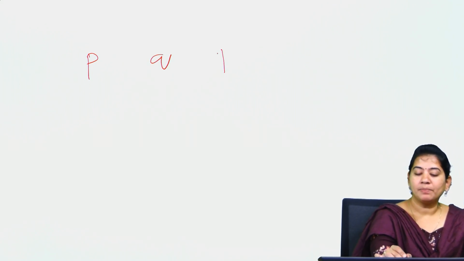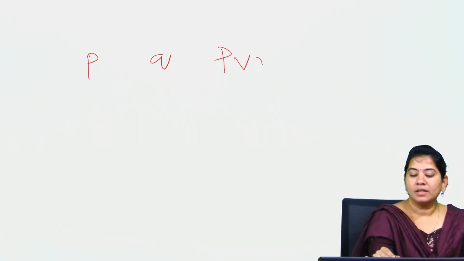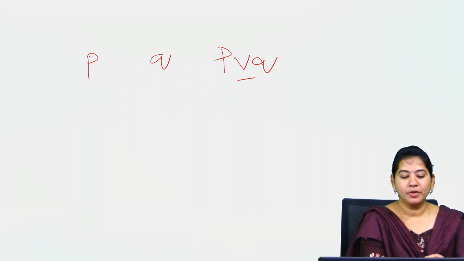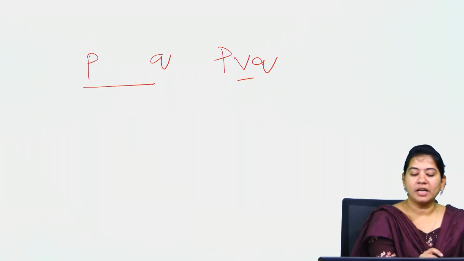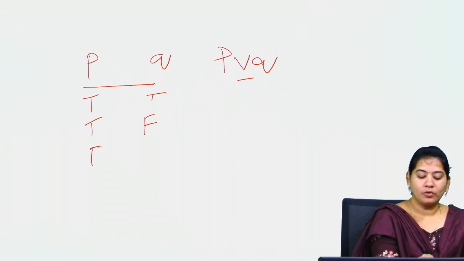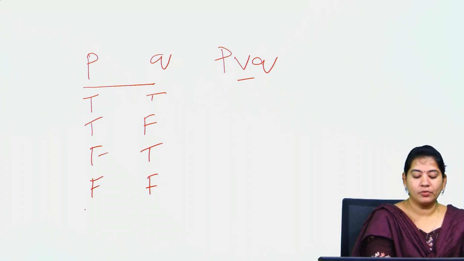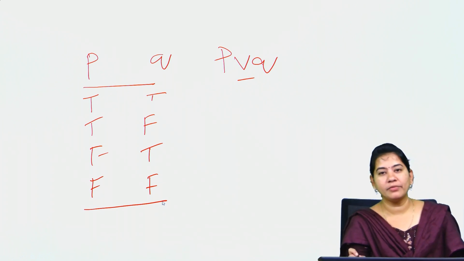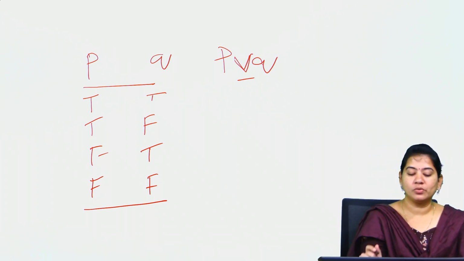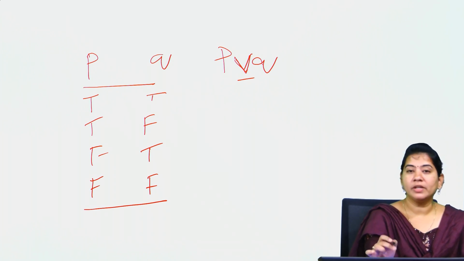Let us apply conjunction, or we can also apply disjunction, for these statements. As we have two statements, the possible combinations are: true true, true false, false true, and false false. These are the four possible combinations as we have two statements. Now, let us apply the disjunction for these two statements. So, what is the rule of the disjunction?